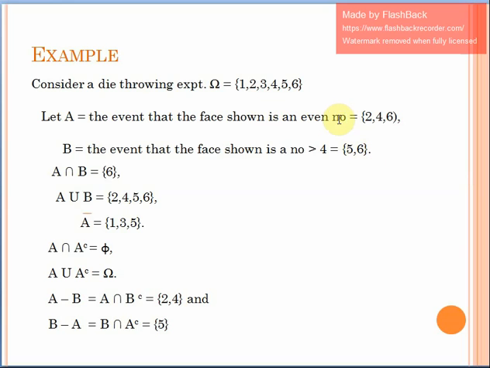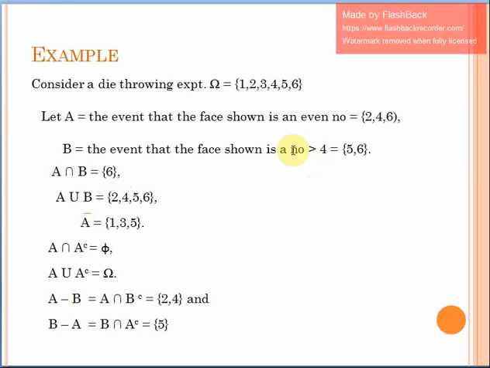My A is even number, whereas my B is number greater than 4. So what is A intersection B? The common point in both the events is 6. Therefore, A intersection B is 6. What is A union B? A union B means either it is in A or it is present in B, or in the case of both.